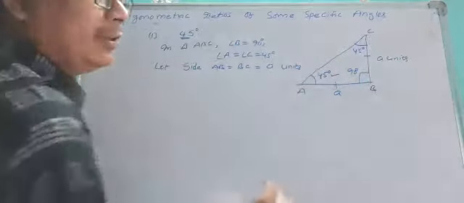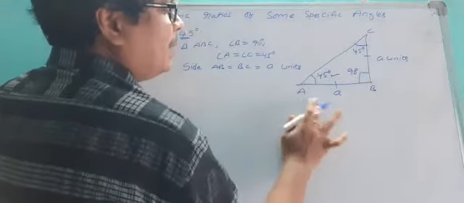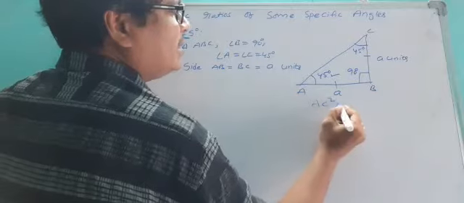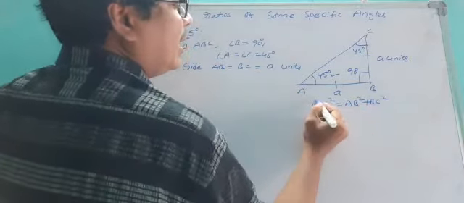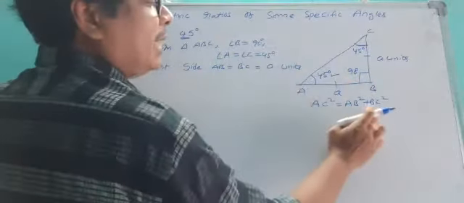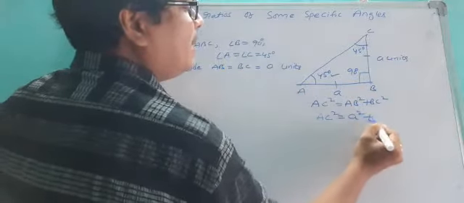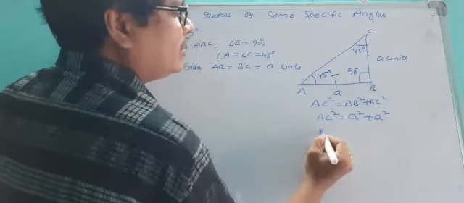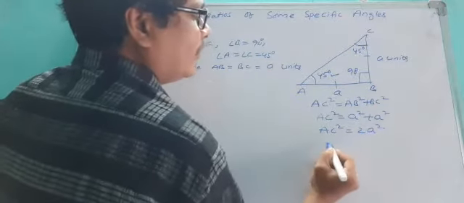Now we have to find the hypotenuse. Hypotenuse square, that means AC square, equals AB square plus BC square, according to Pythagoras theorem. That means AC square equals A square plus A square, so AC square equals 2A square.